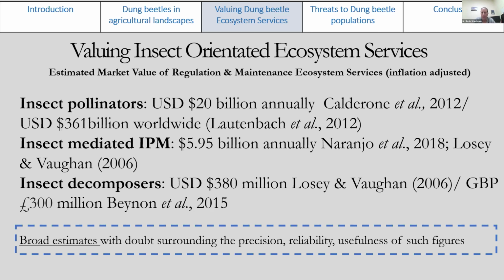Same with IPM, it's around 6 million annually. But for insect decomposers, most of the previous work had focused on looking at the impact of dung beetles on temperate systems and using dairy cattle. No study had previously been done using dung beetles in tropical lands and on beef cattle.